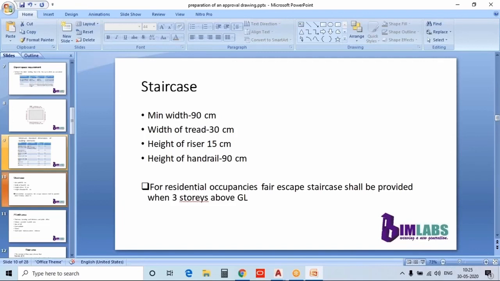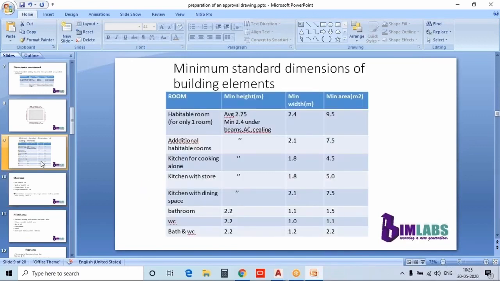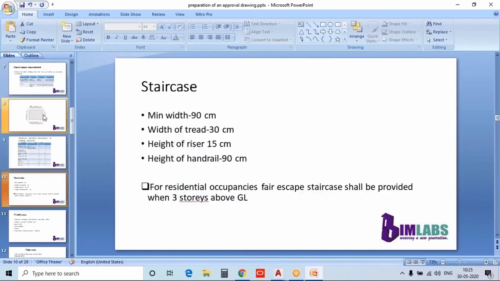And sometimes it may differ according to your locality. That is, I'm telling about the case of Kerala according to the Kerala Municipality Building Rules. This minimum standard dimensions of buildings is from the National Building Code, and all these setbacks and other things are in the Kerala Municipality Building Rules.